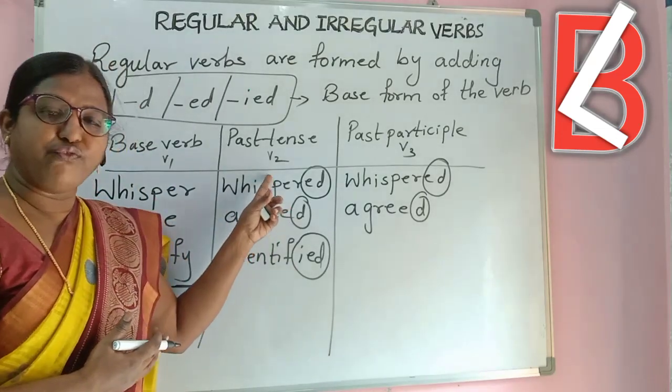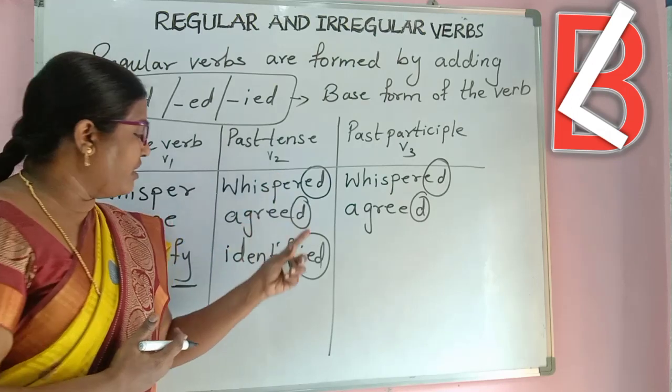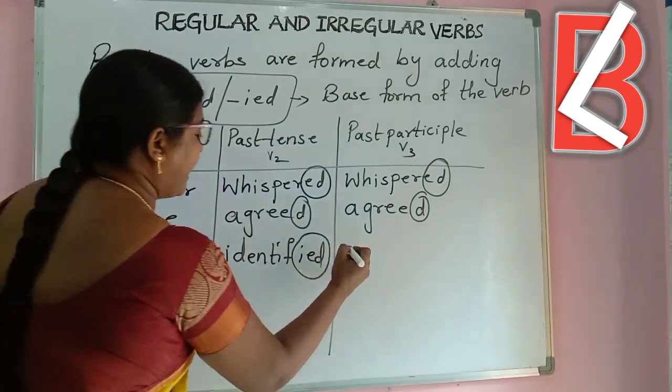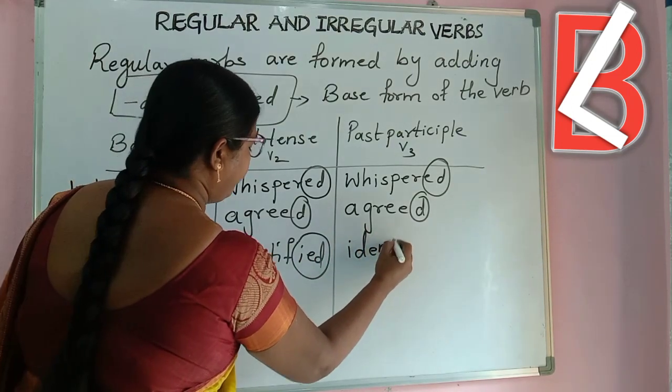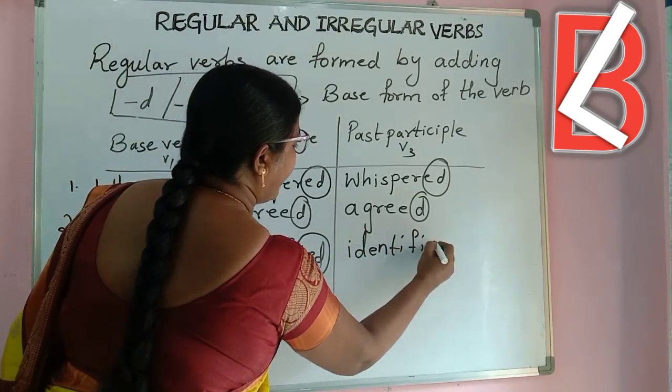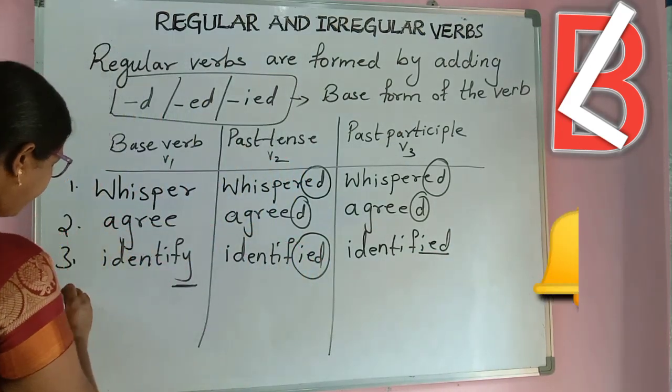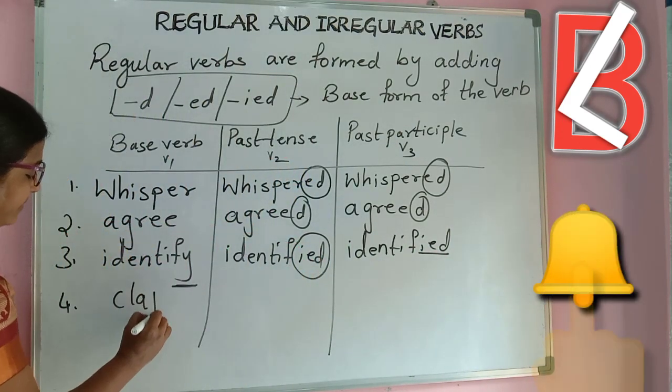So here, to form the V2 form of the verb, we have removed the y and added ied, and its past participle is also identified. We have added ied.